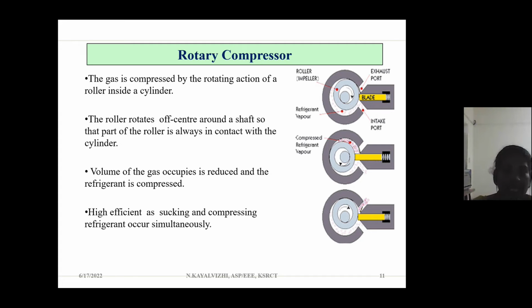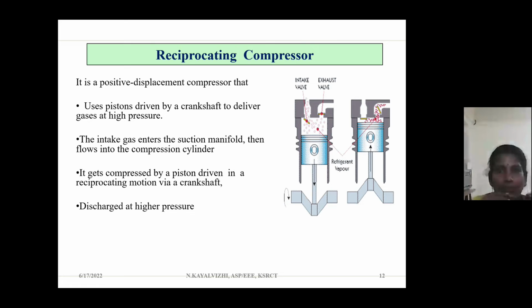So the volume occupied by the gas is reduced and the refrigerant is compressed. A reciprocating compressor is a positive displacement compressor that uses pistons driven by a crankshaft to deliver gases at high pressure.